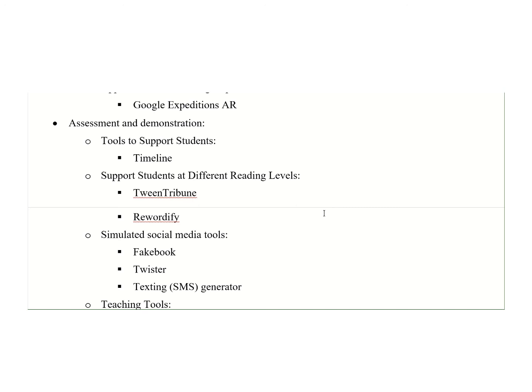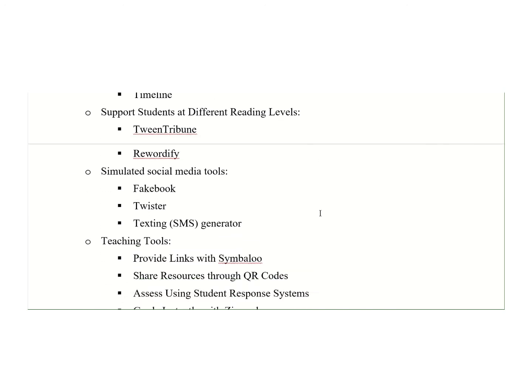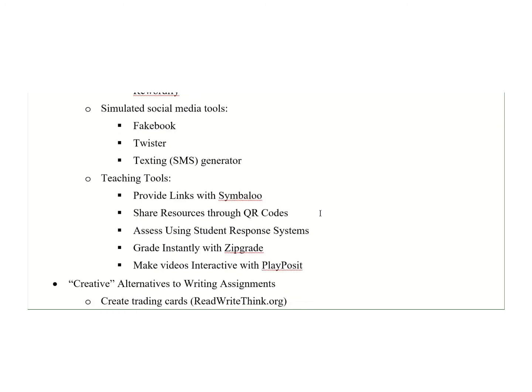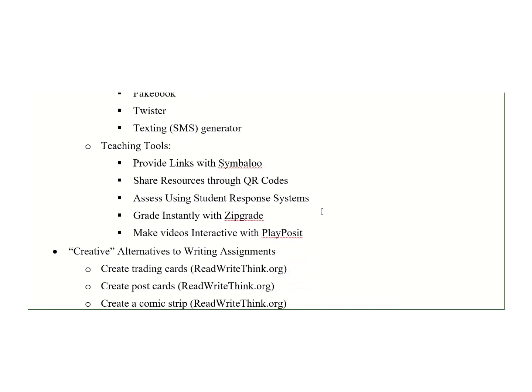And we looked at tools we could support students with, like the Timeline app. We looked at supporting students at different reading levels. We looked at simulated social media tools like Fakebook and Twister, which is kind of like Twitter. We looked at a whole bunch of teaching tools that would help you in providing links for students, working with QR codes to share resources.